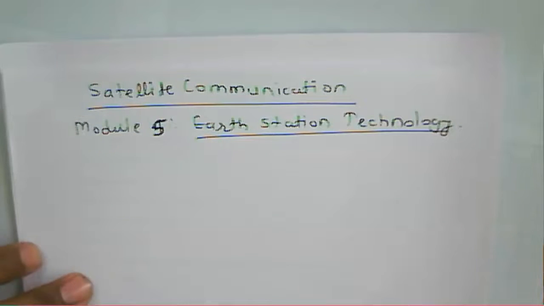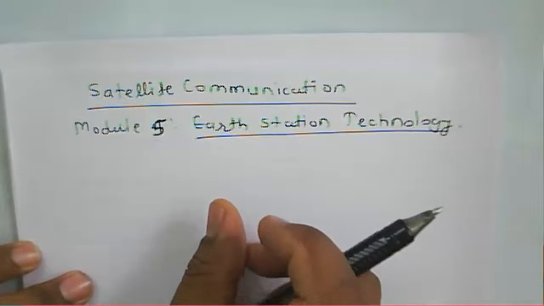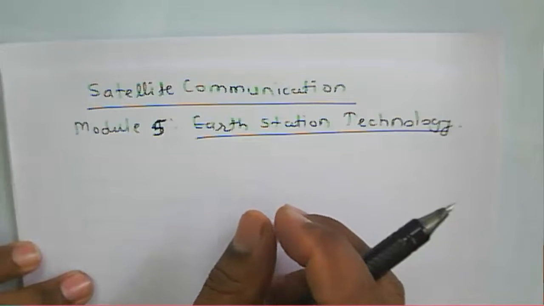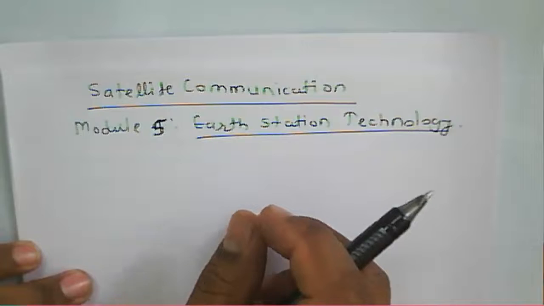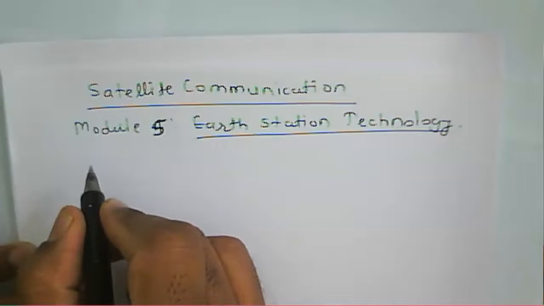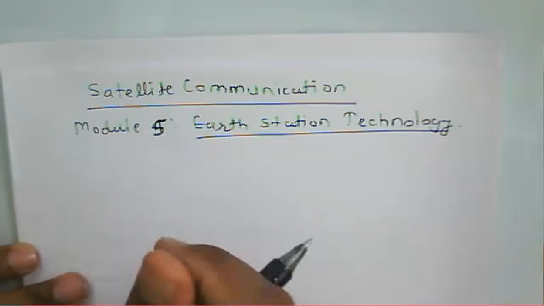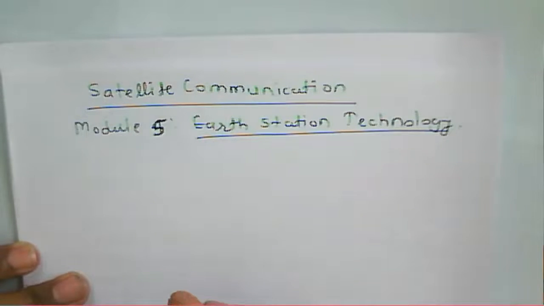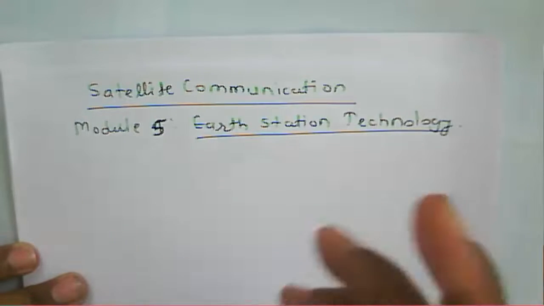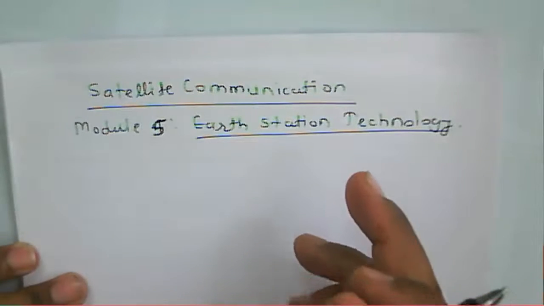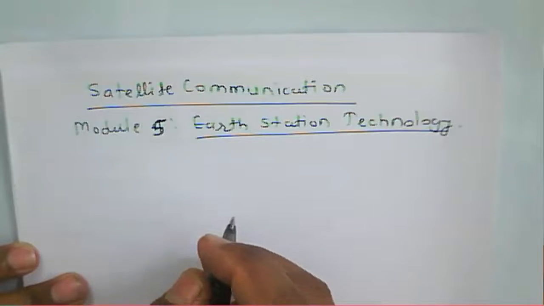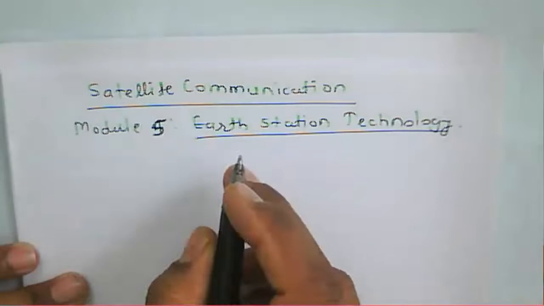Now, generally, an Earth station is nothing but a mediator between the users and a satellite. So that's why generally we can say that an Earth station is the gateway to the terrestrial link. That means terrestrial links are nothing but links from the users to the satellite or satellite to the users.